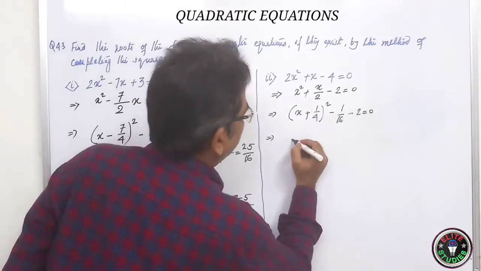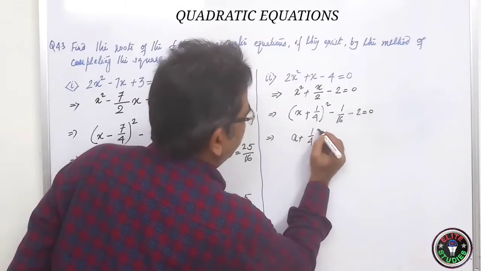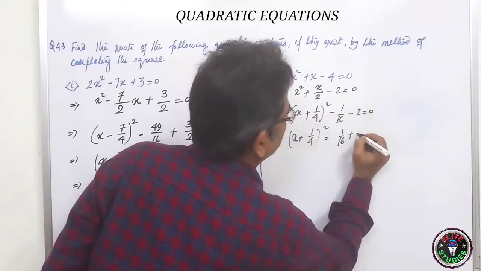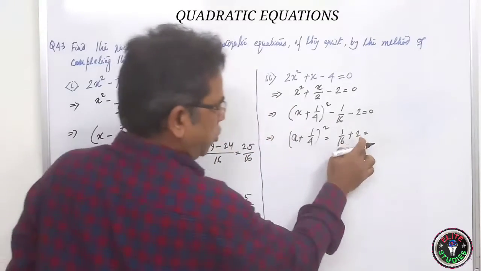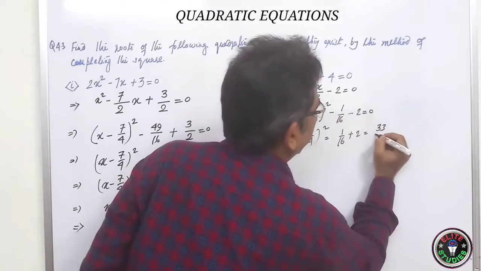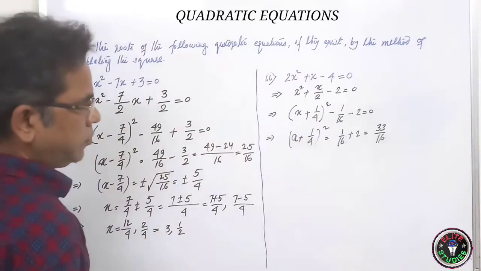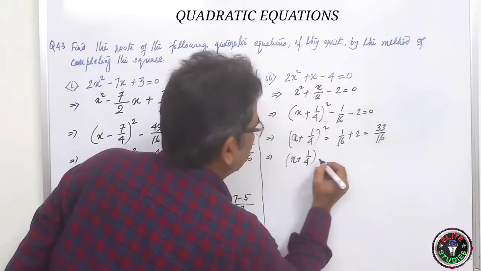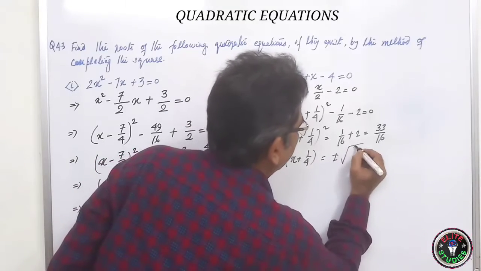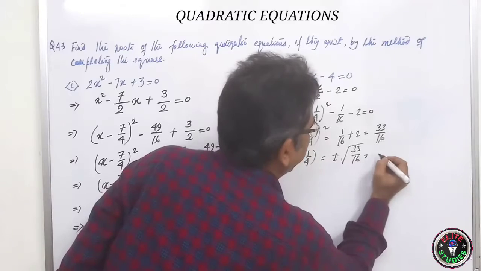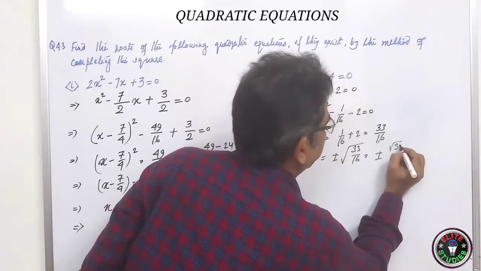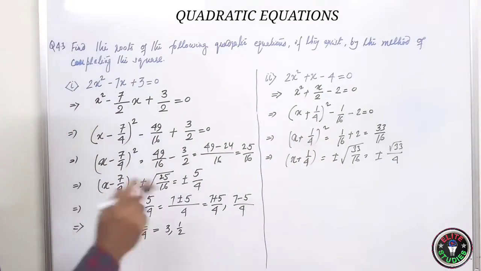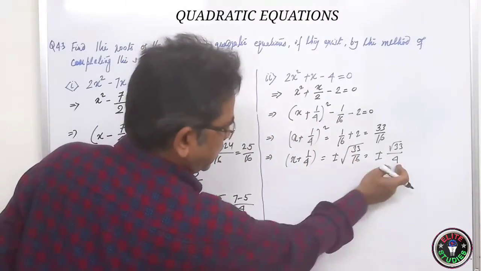Now here what we will do, x plus 1 by 4 whole square, it will go to that side, 1 by 16 plus 2. So 16 into 2 is 32, plus 1, 33, 33 by 16. So implies x plus 1 by 4 will be equal to plus minus root over of 33 by 16. This plus minus root over of 33 by root over 16, root over 16 is 4.